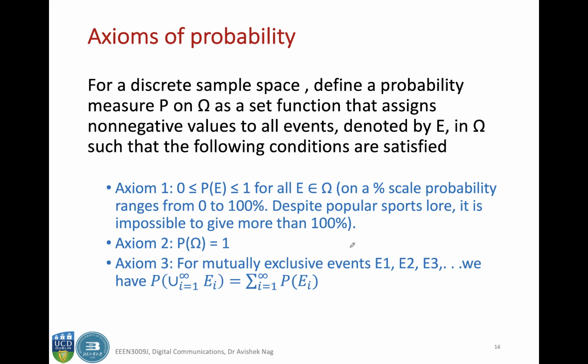On a percentage scale, probability ranges from 0 to 100%. Axiom 2 says that the probability of the entire sample space, sigma, is equal to 1. And axiom 3 says that for mutually exclusive events E1, E2, E3, and so on, the probability of the union of all those events is equal to the sum of the individual probabilities of those events.